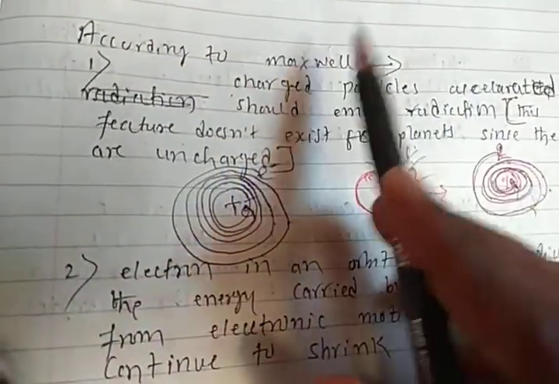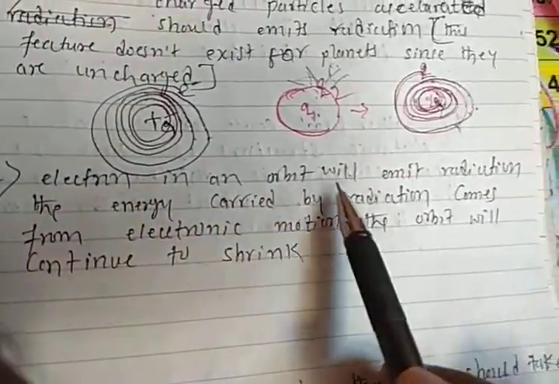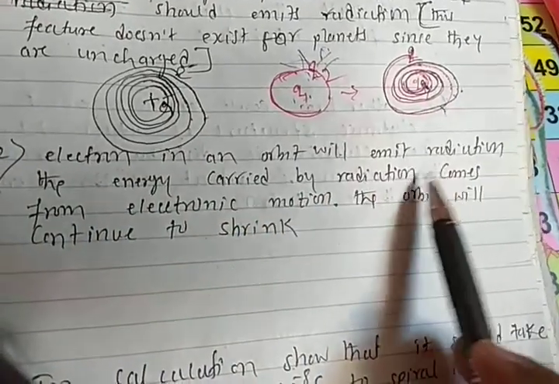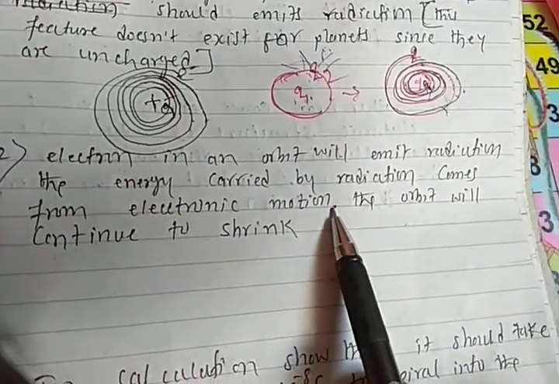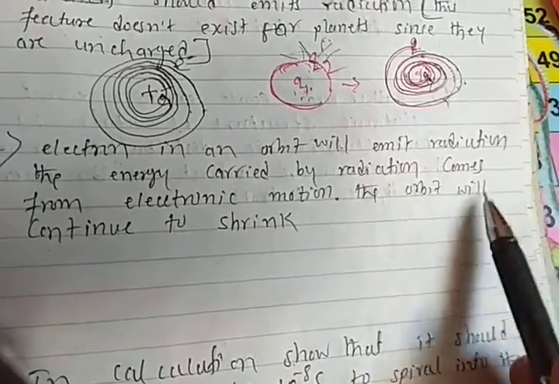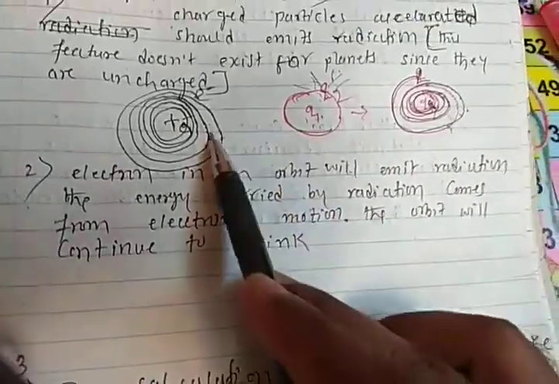That was explained by Maxwell. An electron in an orbit will emit radiation, and the energy carried by the radiation comes from the electron's motion. The orbit will continue to shrink as it loses energy.